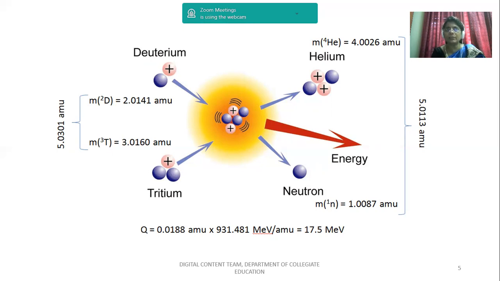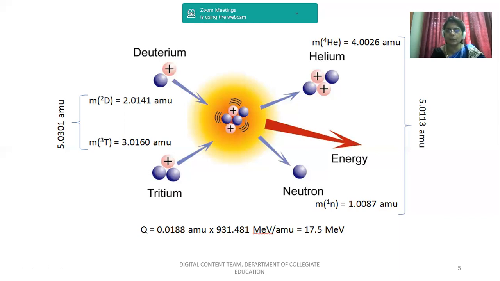They are interconvertible and valid by the equation E equals mc square, and we know that 1 AMU of mass is equivalent to 931 MeV of energy, that is, mega electron volt energy. Using that conversion factor, the difference in mass between the reactants and the products, which is 0.0188 AMU, when multiplied by 931.481 or 931.5 MeV per AMU, gets converted to 17.5 mega electron volt.